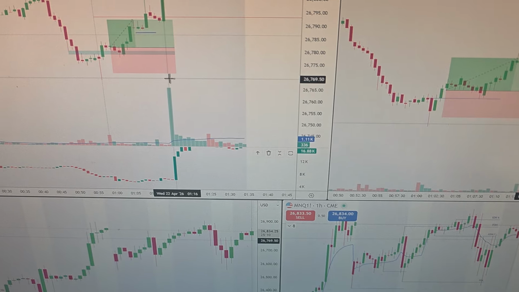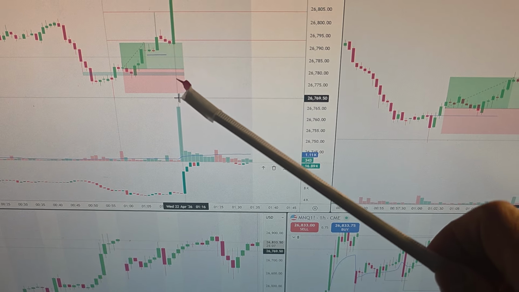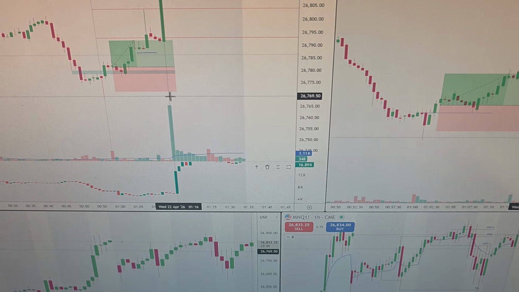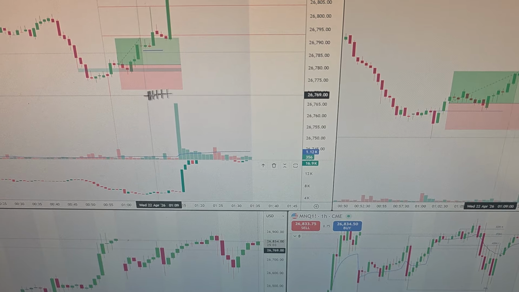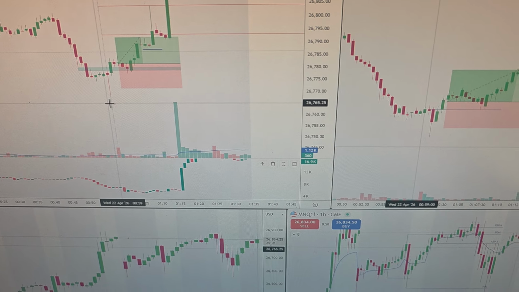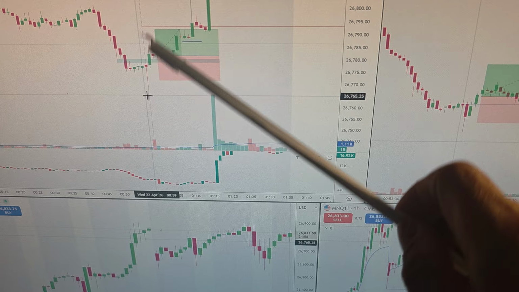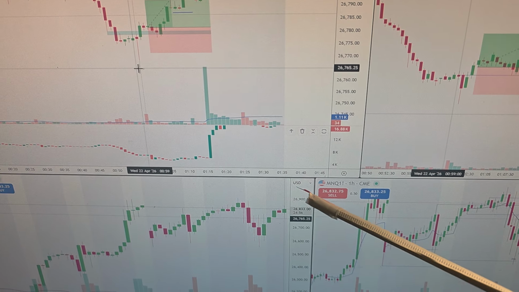Yeah, you can see the thin gray line. This gray line is right there. So that's the retracement part coming down to here.